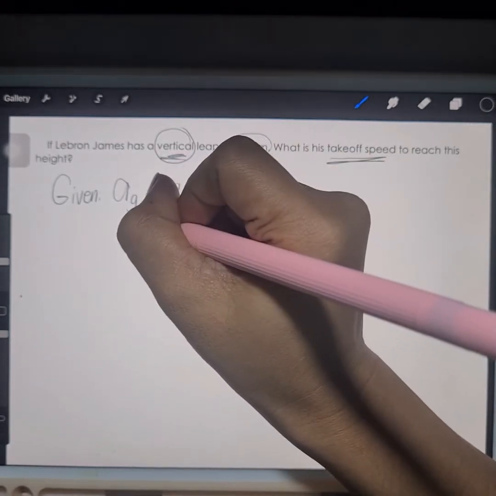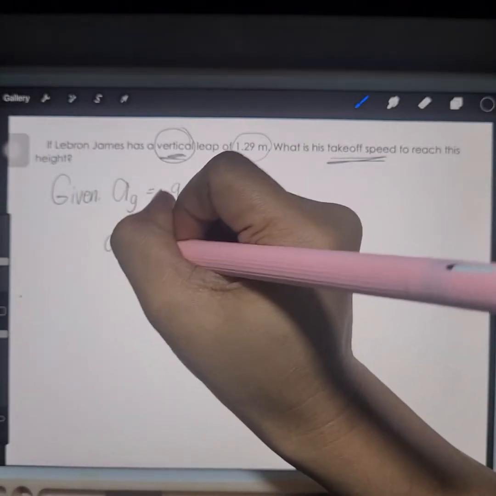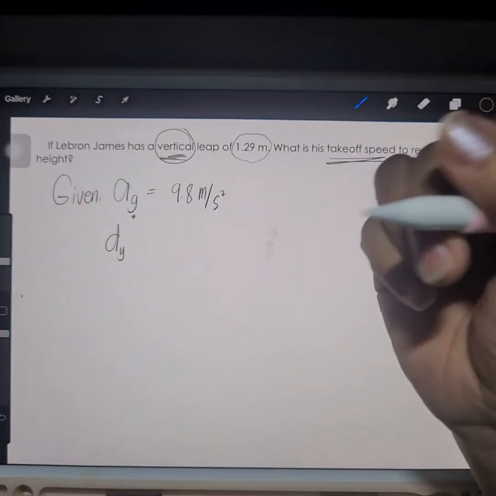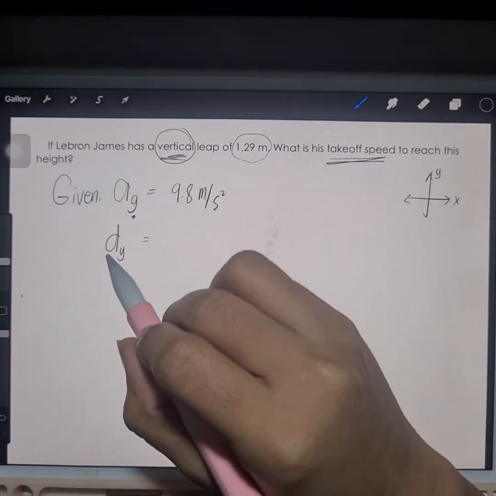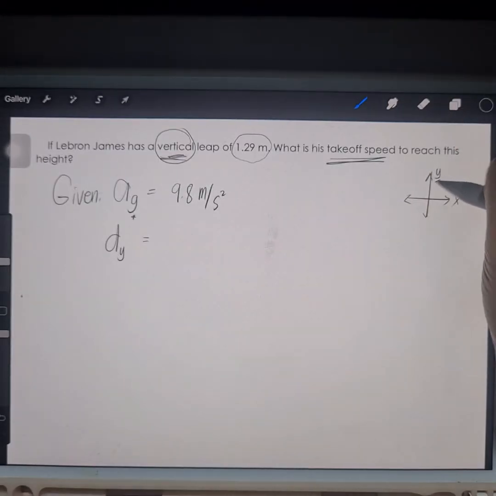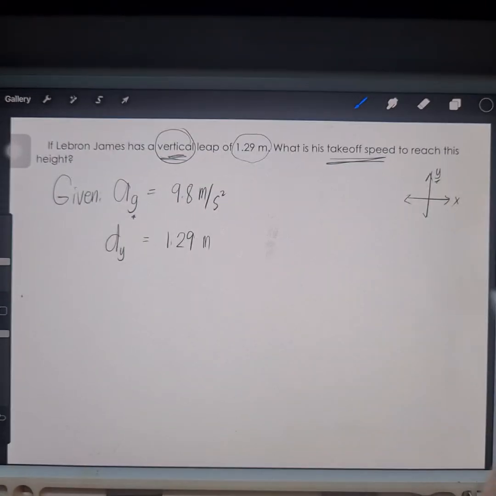This is acceleration due to gravity. And then another given is the distance along the y-axis. Remember the xy plane? This is the y-axis and this is the x-axis. Vertical distance, or the distance along the y-axis, is 1.29 meters.